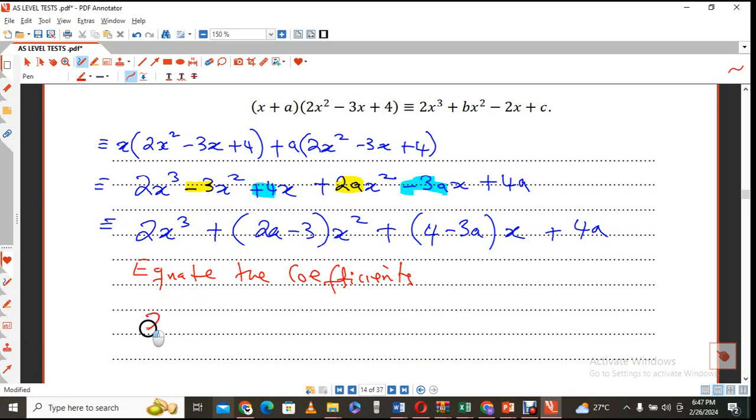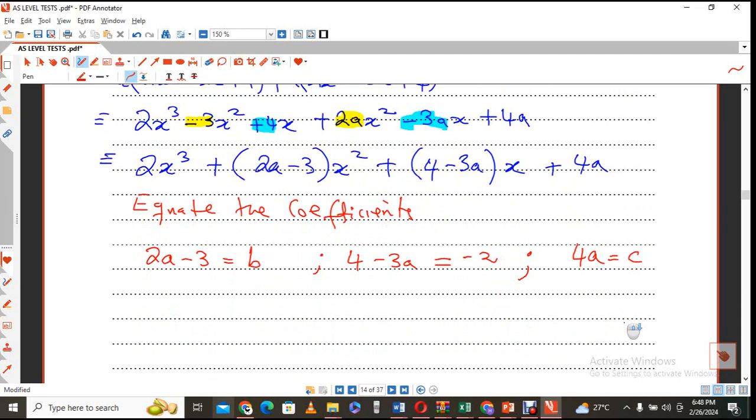But the 2a minus 3 should equal b. What else do we know? The 4 minus 3a should equal negative 2. We also know that 4a, the constant, equals c. But this one is very interesting, because we have minus 3a equals negative 6. A will equal 2.